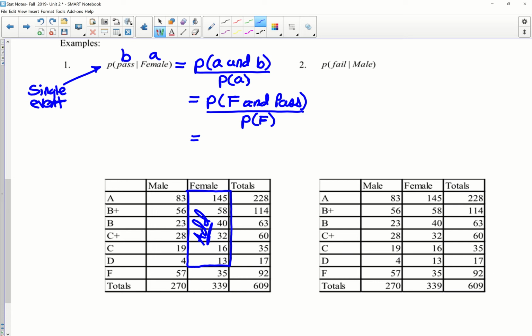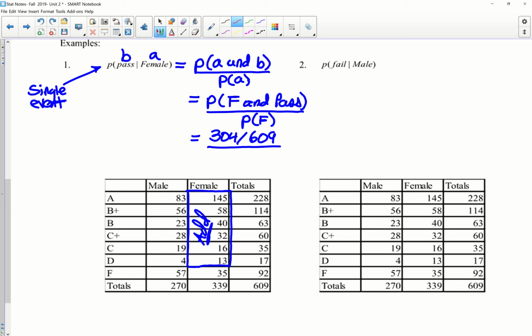So 304 out of 609. Where'd you get the 304 again? I took 339. Well, the simpler way to do it is just to say that I added up all these values. But the other way to do it is to say that I have 339 people overall minus the 35.